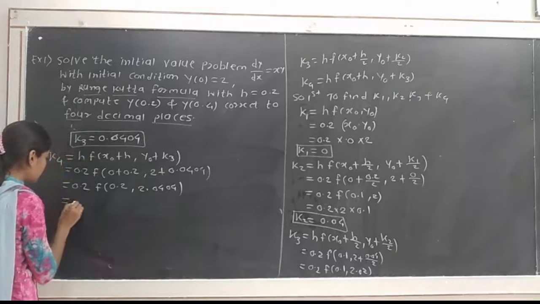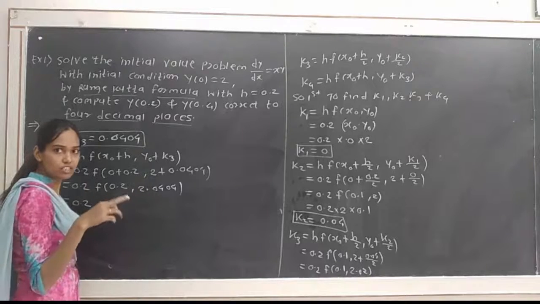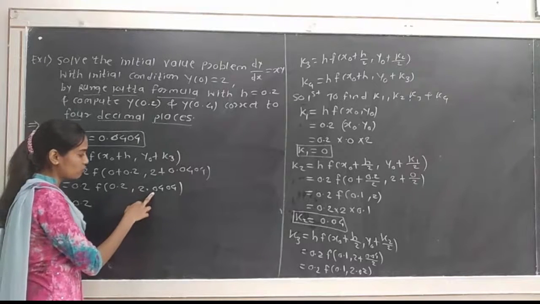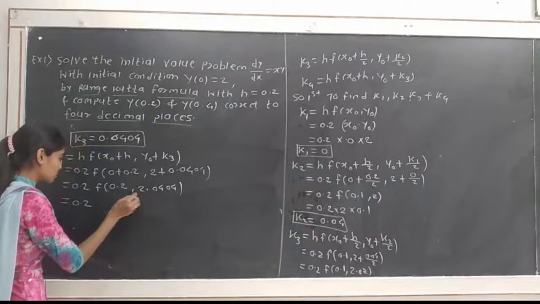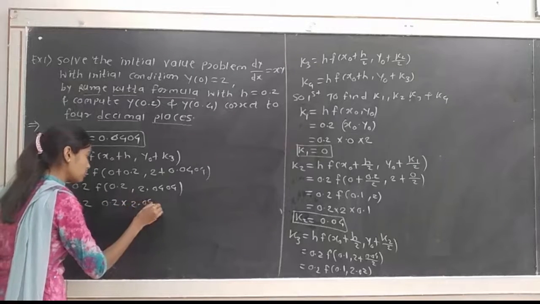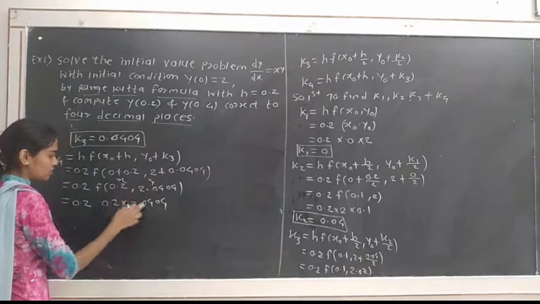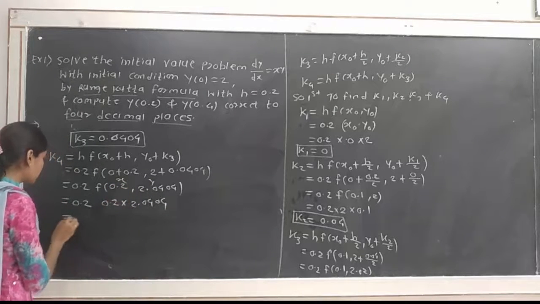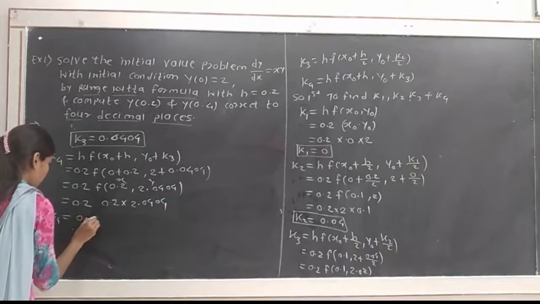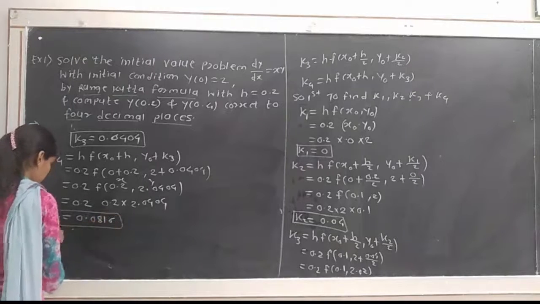The function f of x, y is x into y, where x will be 0.2 and y will be 2.0404, so this becomes 0.2 into 2.0404. After this calculation we get the value of k4 as 0.0816.